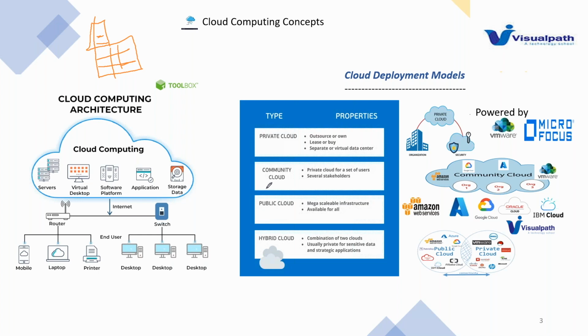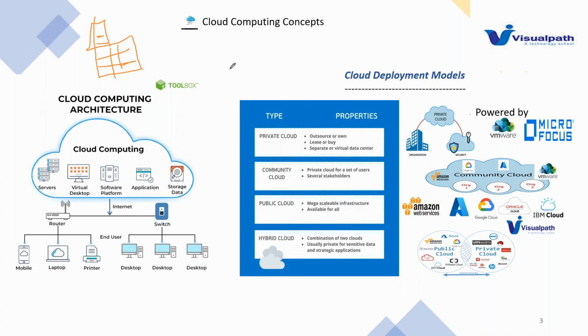Suppose Accenture is there, and they tie up with all the cloud providers and also have their own data centers. Whenever customers come, they say, I have a data center and a partnership with all the public clouds, so tell me what services you require, on whichever cloud. I can provide the service, you pay me, and I pay the cloud provider. This kind of thing comes under the community cloud.